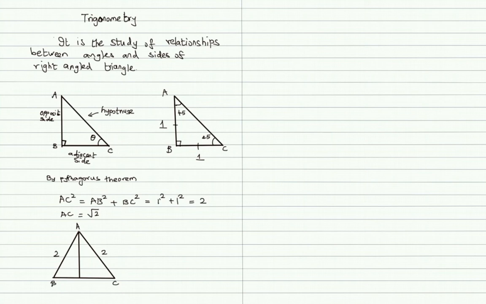So AB is 2 units, AC is 2 units, and the point where the perpendicular touches the base, let's call it D. The length of side BC is 2 units and length of DC is 1 unit. Now let's draw only a part of the triangle another time, that is triangle ADC, and it is right angled at D.